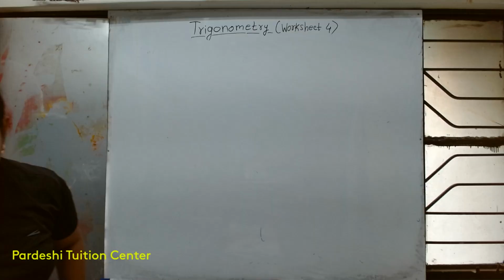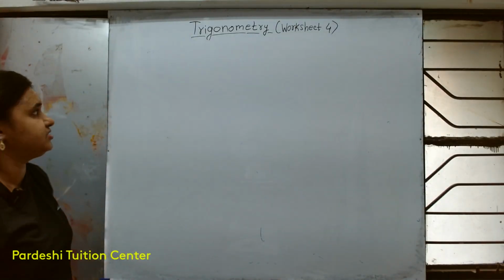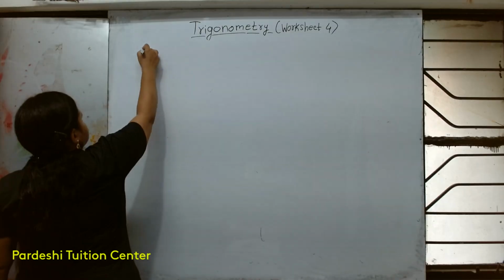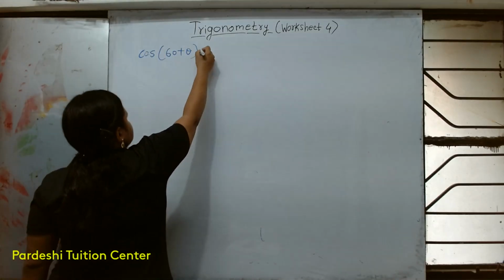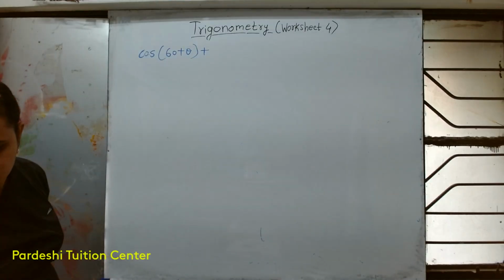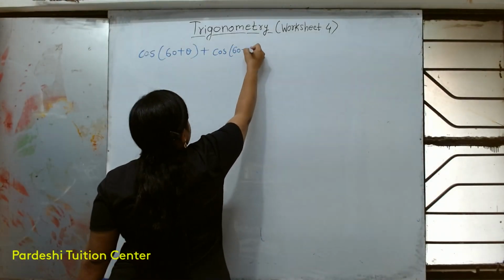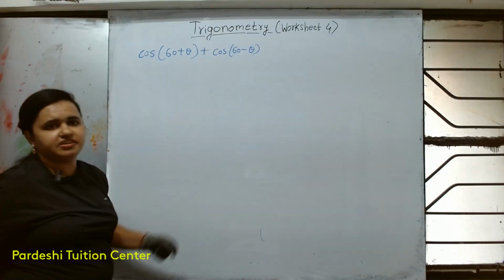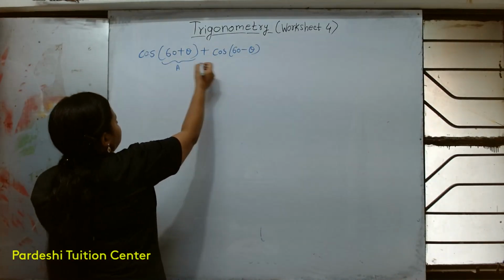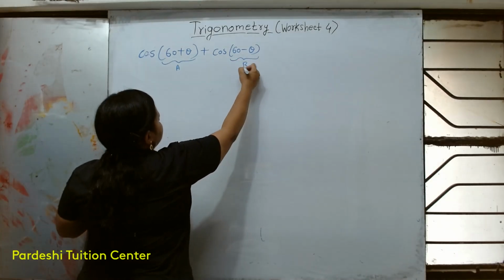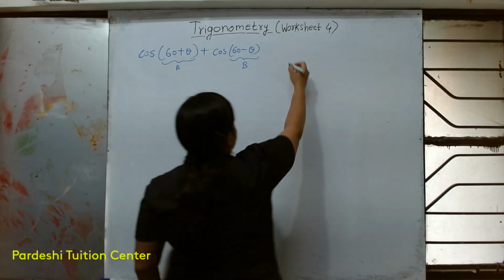Now fourth one. Fourth is cos of 60 plus theta plus cos of 60 minus theta. So again it is the formula. If I take 60 plus theta as A and 60 minus theta as B, it is the formula of cos A plus cos B. What was the formula for cos A plus cos B?